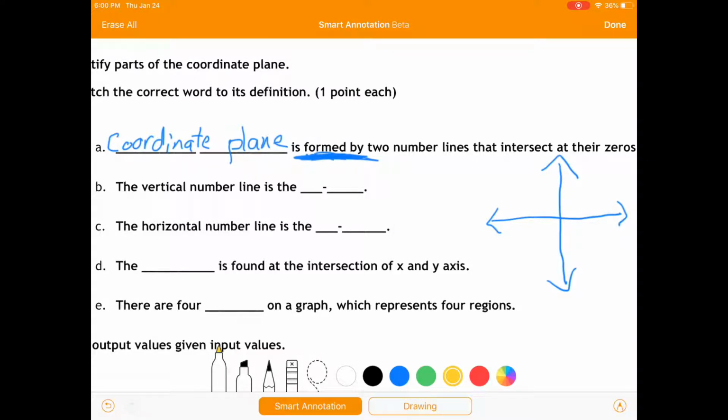Then our vertical number line, again keyword vertical, is going to be our up and down line. Our up and down line is going to represent our y values. So this line is our y axis.